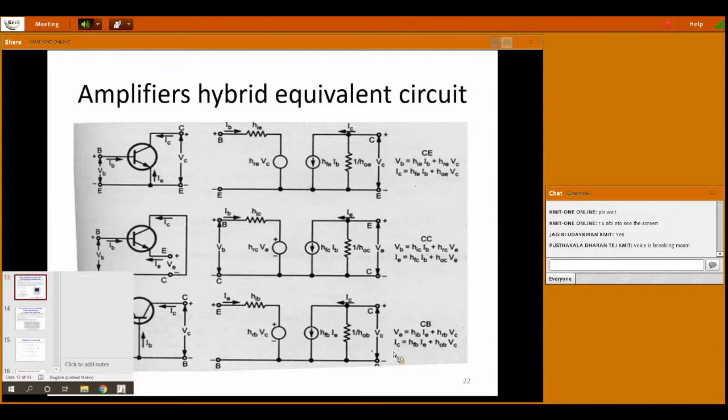In addition to those topics of hybrid parameter analysis, we are going to do the gain bandwidth product and frequency response, the AC analysis of your amplifier, applying the behavior of your amplifier at low frequency and at high frequency end. So those are all the topics. We'll clear it in your next session.